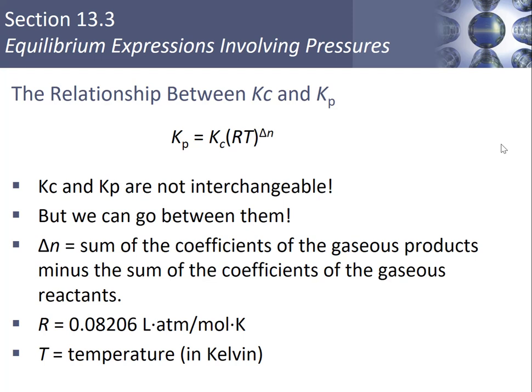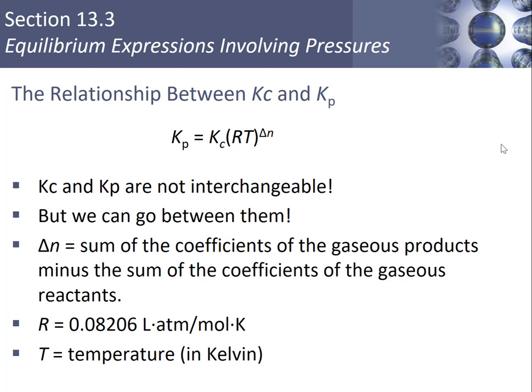We need to know the universal gas constant and the temperature of the reaction. And we either need to know the Kc or the Kp. This is not on the formula sheet. I read somewhere that this can be remembered as the politically correct equation because it's P before C, being PC, politically correct, to remember this.